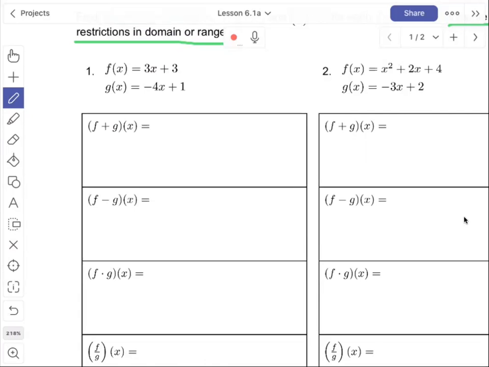Samantha, help me out with this first one. What do you think? For the f plus g of x, you have to... I'm not really sure. That's okay. Do what you think might be right, and I'll let you know if you're right or wrong.